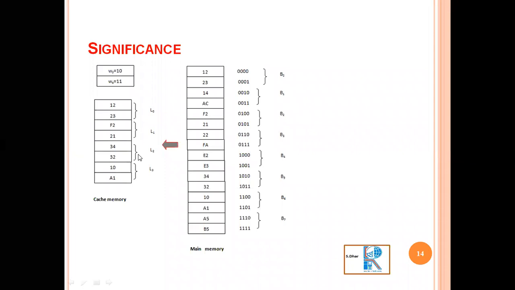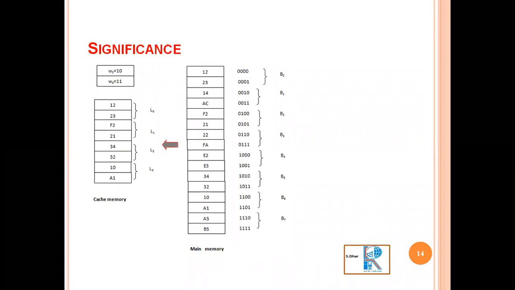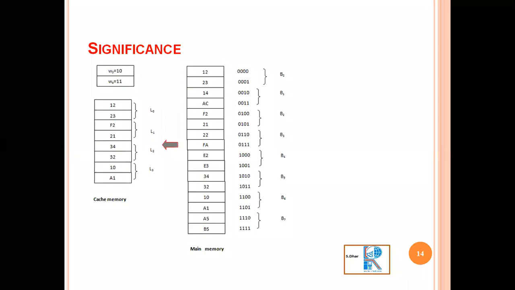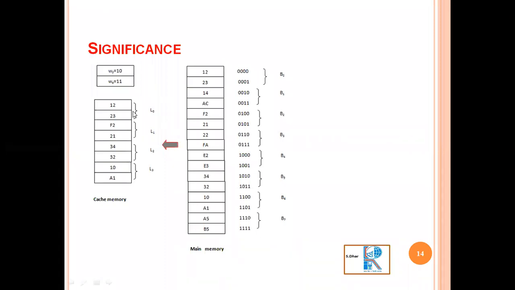Again it checks, and if it finds the tag, it is okay. If it is not found, again it will go here. Here it finds, that is the cache hit. If it is not found here also, that means it is a cache miss. Clear? That means the processor has to search the whole cache memory to find a match for the tag, to know whether the tag is present in the cache memory or not.